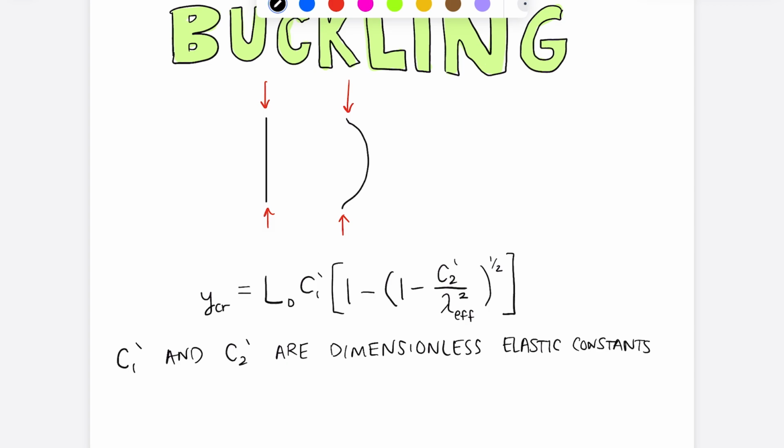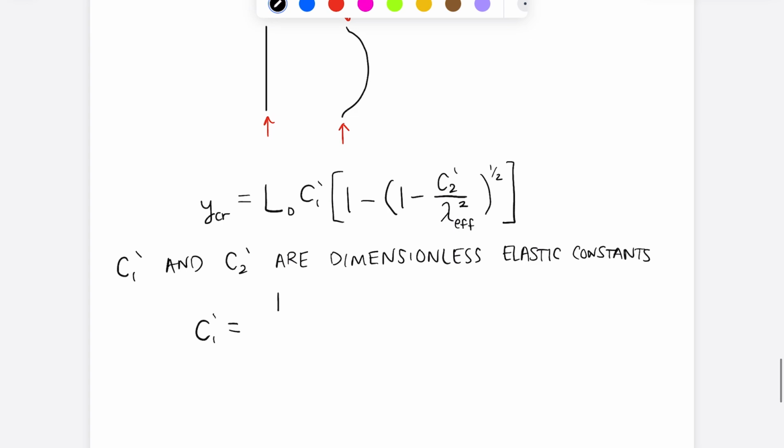Which we can define using elastic moduli. So C1 prime is equal to Young's modulus divided by 2 times (Young's modulus minus the shear modulus).